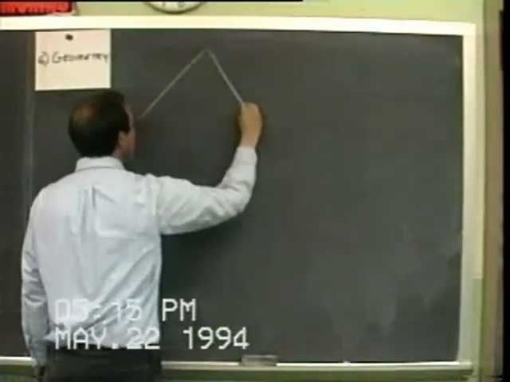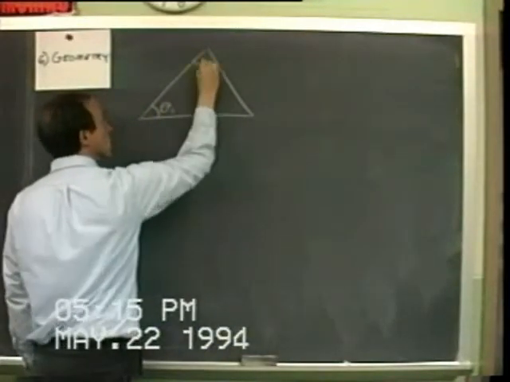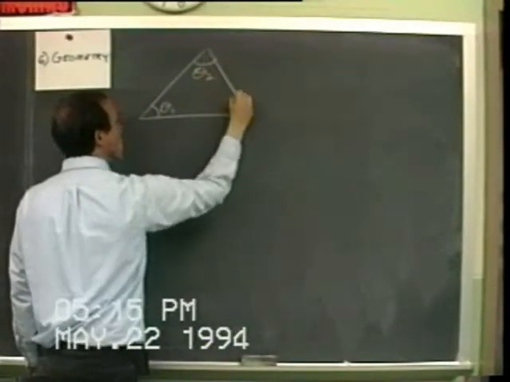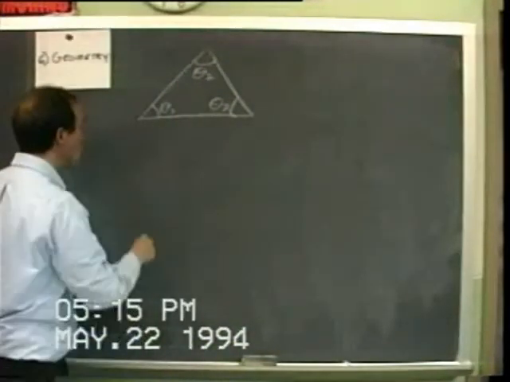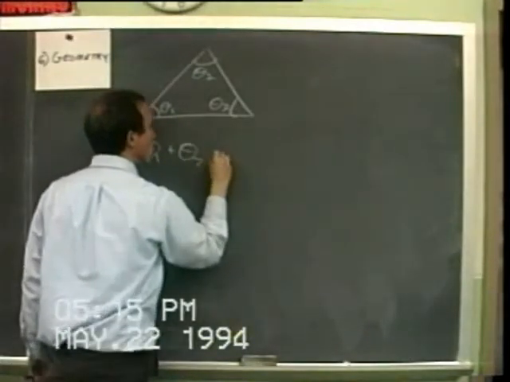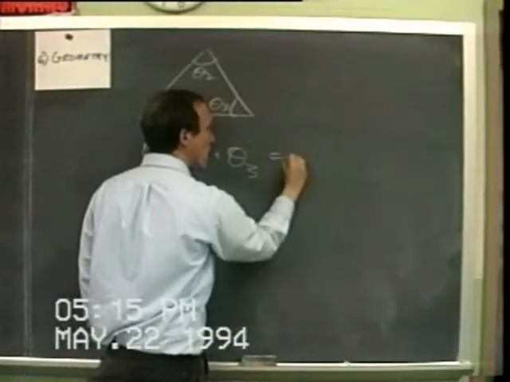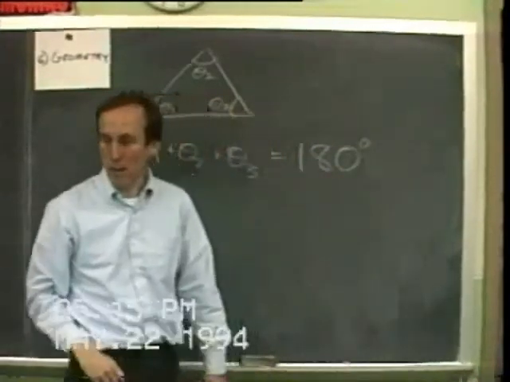The interior angles of any triangle, theta 1, theta 2, theta 3 for the interior angles, when added, yield 180 degrees every time.